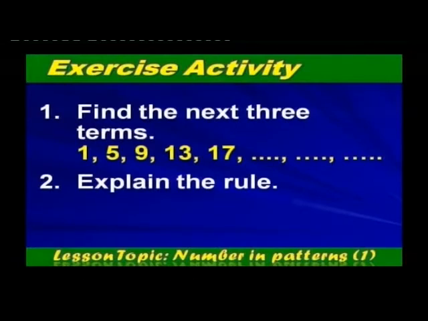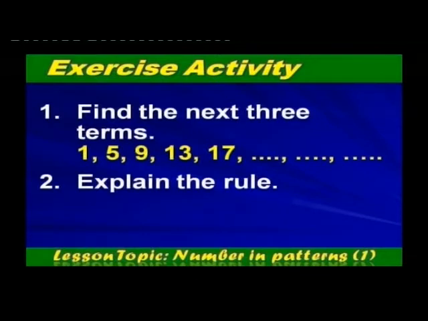Did you get that? So 1, 5, 9, 13, 17, 21, 25, and 29. How did you get, or explain the rule, how did you get 21, 25, and 29? By adding 4. Thank you, Newman. You add 4 each time. 1 plus 4 is 5, 5 plus 4 is 9, and so on.